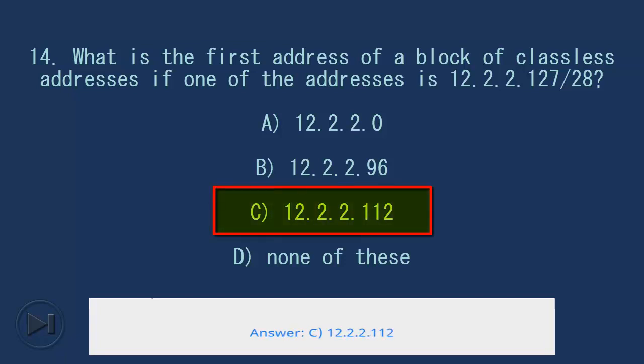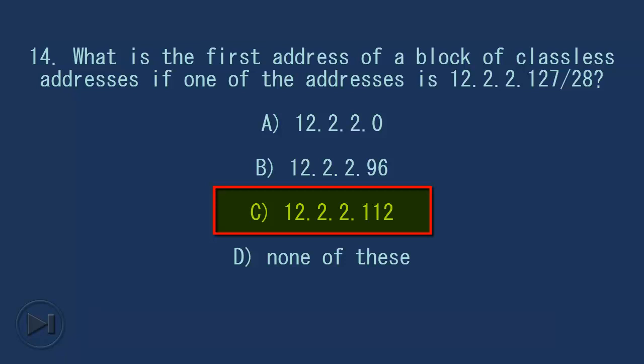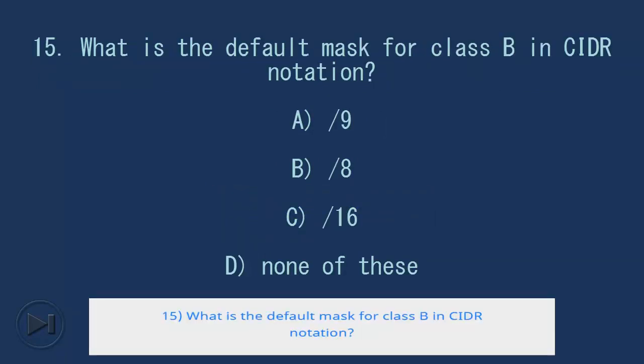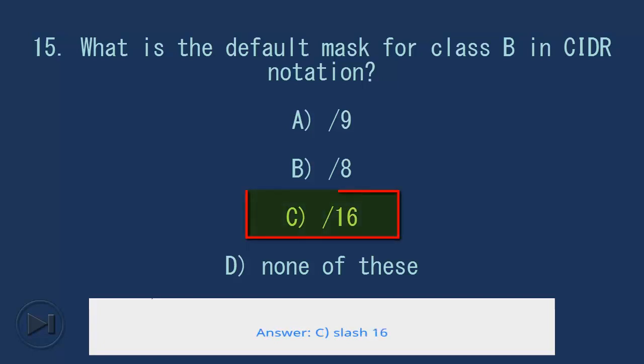Answer, C. 12.2.2.112. 15. What is the default mask for Class B in CIDR notation? A. /9. B. /8. C. /16. D. None of these. Answer, C. /16.